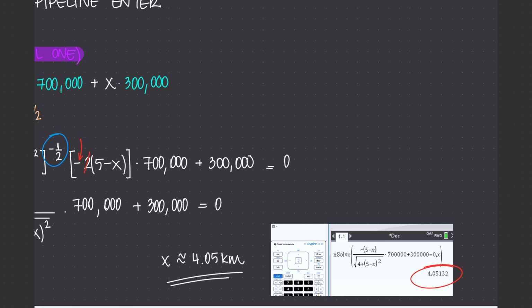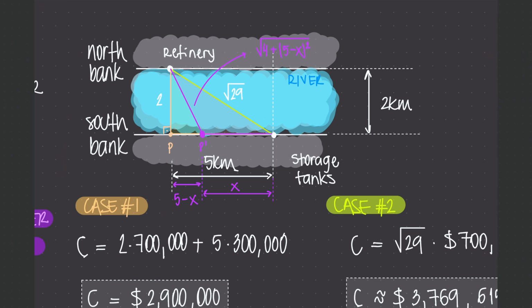Now, one thing that we need to do is to actually prove that using this x value gives us a minimum cost. And the way to do that is to use either the first or the second derivative test. But before we do that, let's just place that result in our diagram right here.